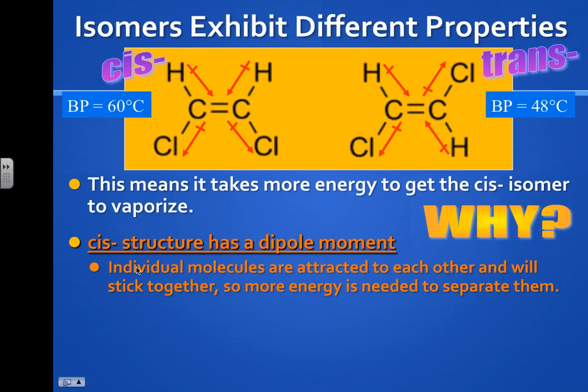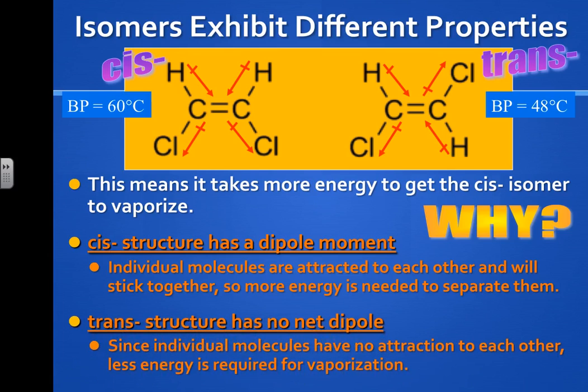So in the cis structure, it has a dipole moment because these arrows are all sort of pointing in the same direction. Individual molecules are attracted to each other because there is a relative negative charge on the bottom and a relative positive charge on the top. Because of that, these individual molecules will stick together, and so they're going to need more energy to vaporize.